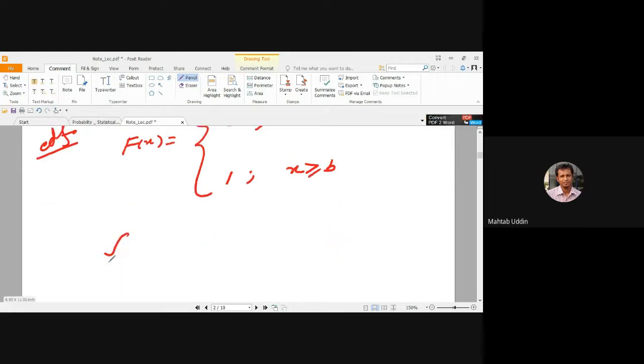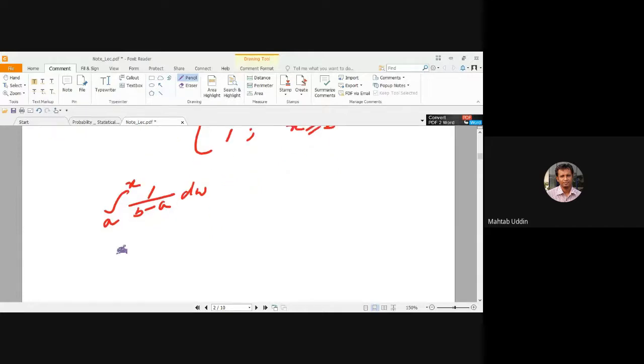What is the integration? Integration is from the minimum value to x, what I have said, right? 1 by b minus a, dummy variable w, dw. What do we find? 1 by b minus a times w from a to x. So what? x minus a divided by b minus a.